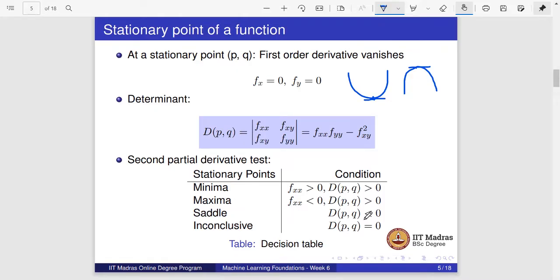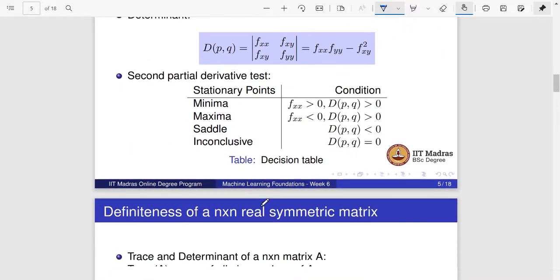If the determinant is less than 0, we say the function has a saddle point, and if the determinant is equal to 0, the test is inconclusive, so we cannot determine what is actually happening at the point. We may need to investigate further. We will see some more examples of these as we go on.